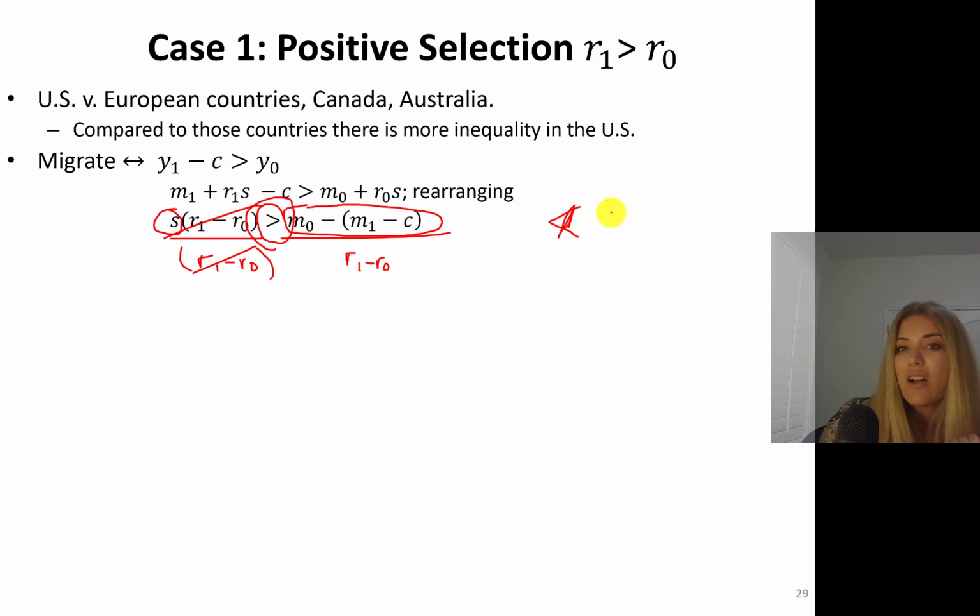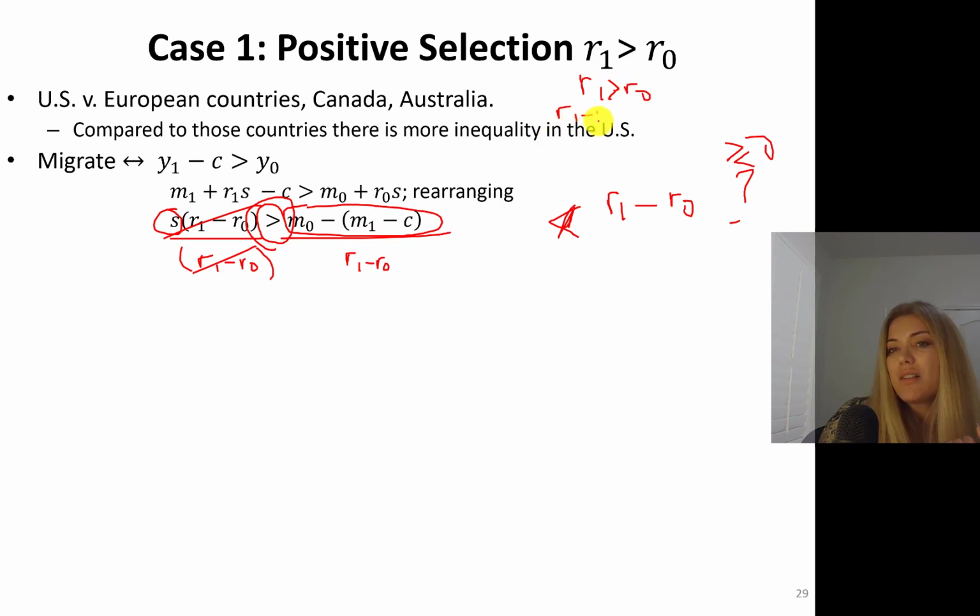So is R1 minus R0 positive or negative? If R1 is greater than R0, R1 minus R0 is going to be greater than 0. So it's a positive term.